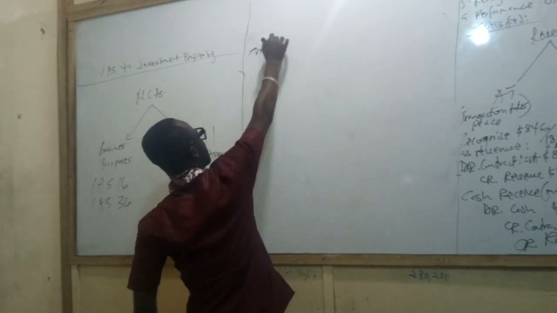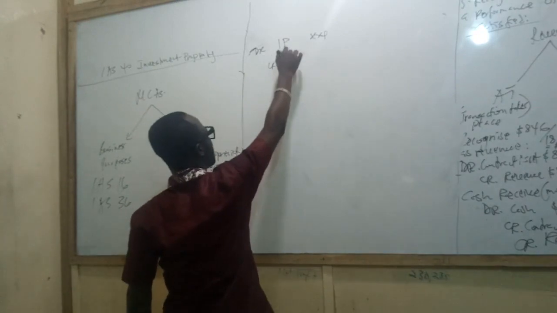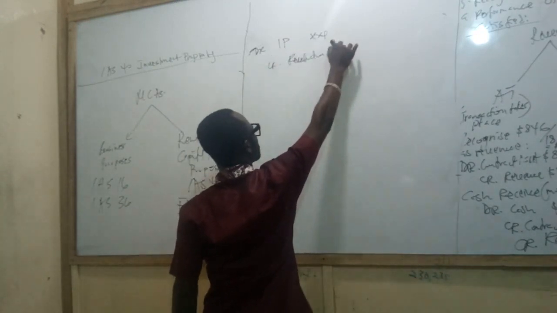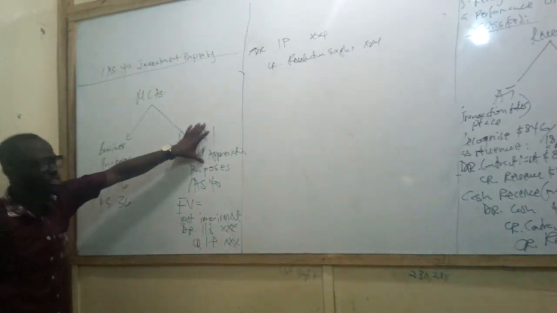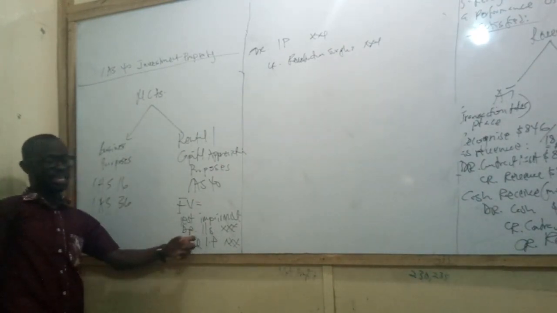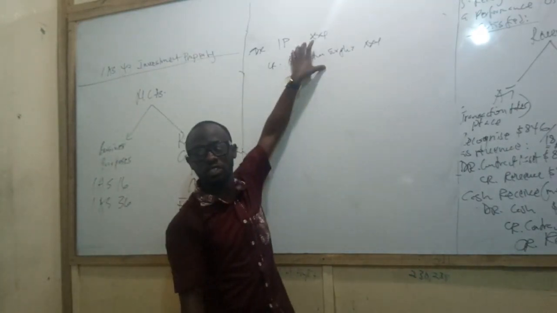In that case we debit the IP, investment property, and then we credit revaluation surplus with that. So we don't depreciate this, we test for impairment. If the value falls, it's impairment loss. If the value increases, it's revaluation surplus.